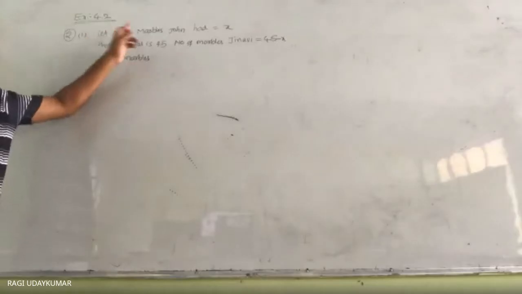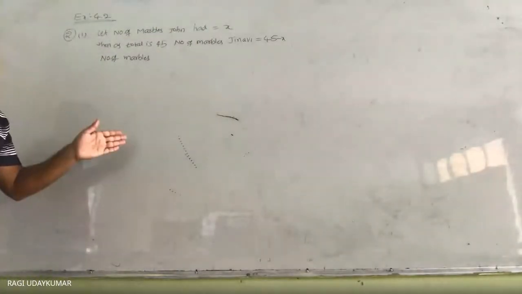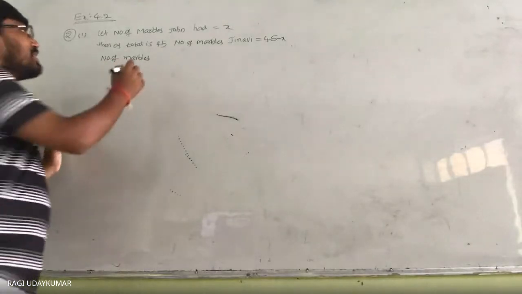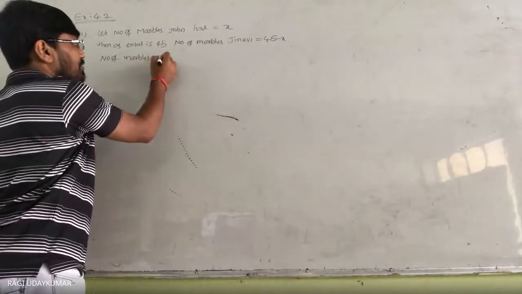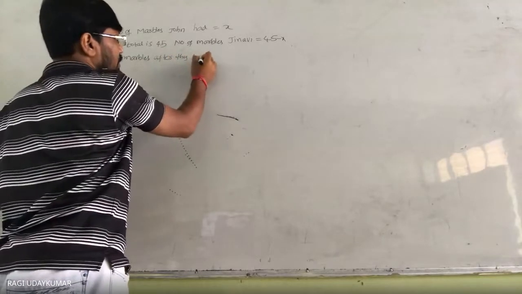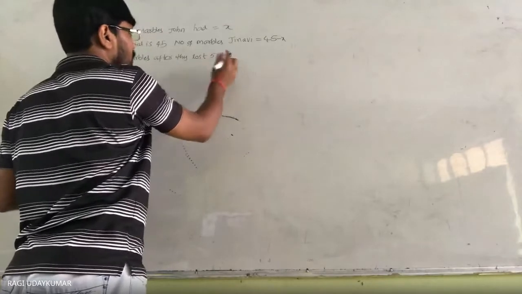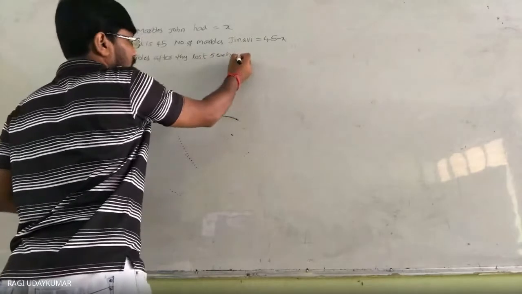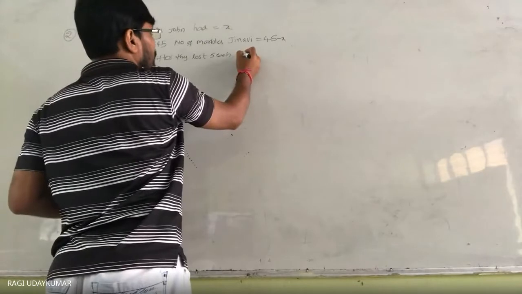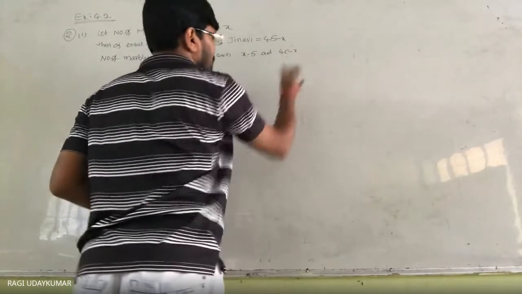So let the number of marbles John had be x, then the other has 45 minus x. The number of marbles after they lost 5 each is x minus 5 and 40 minus x.